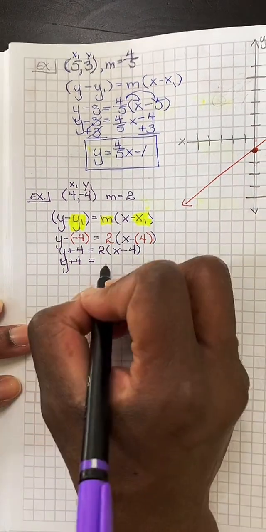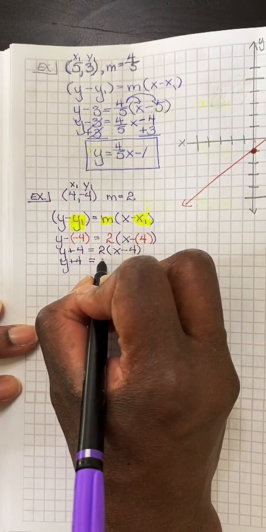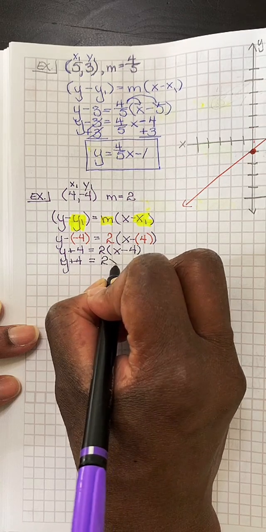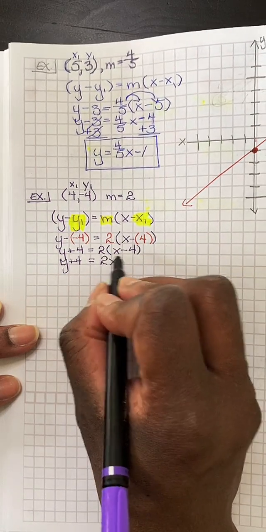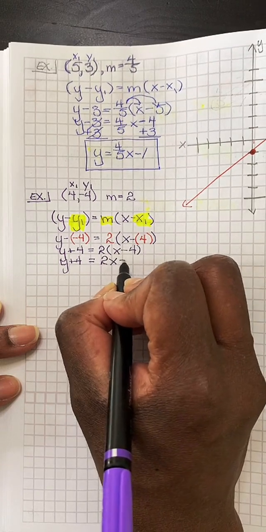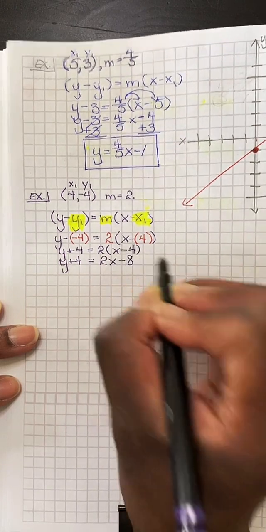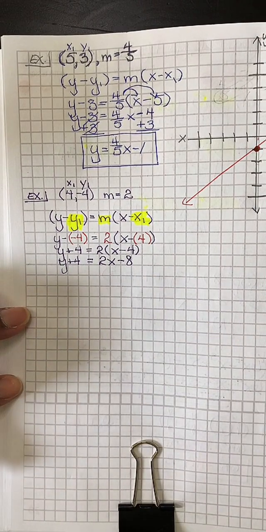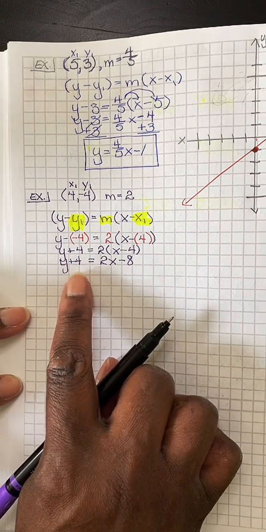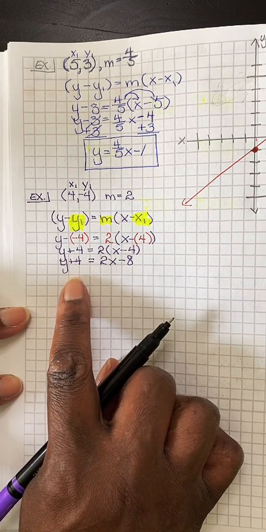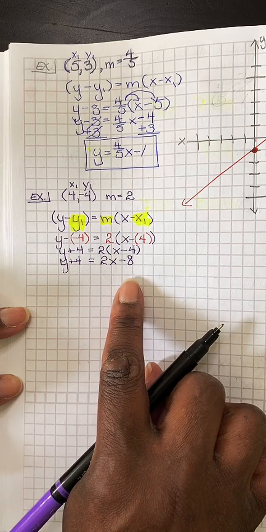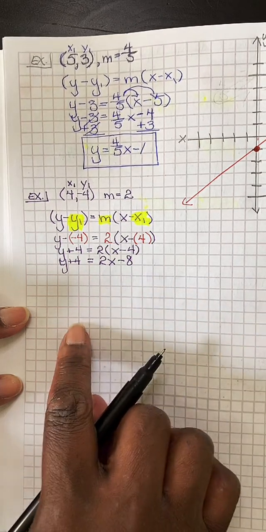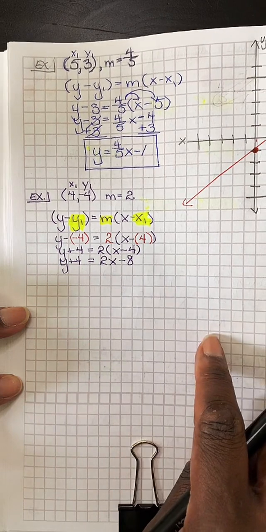Good. So when we distribute, 2 times x gives us 2x. 2 times negative 4 gives us negative 8. So now, our goal is to solve this for y, because we want our equation to be y equals mx plus b.